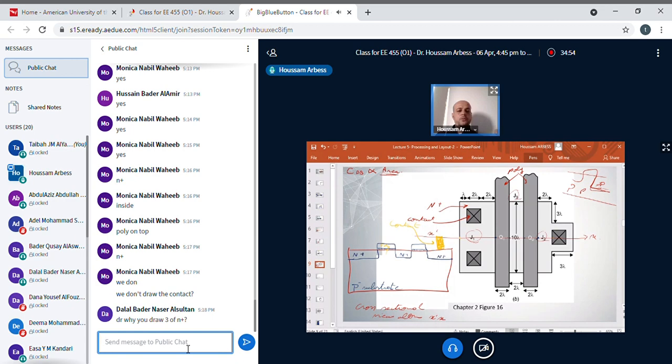As I said, cross-section view means I cut the wafer here and checked what I can see. Okay, Dalal? Let's go back to the story of the cookies.